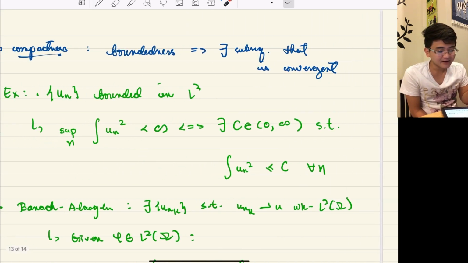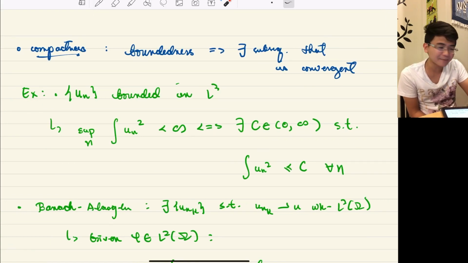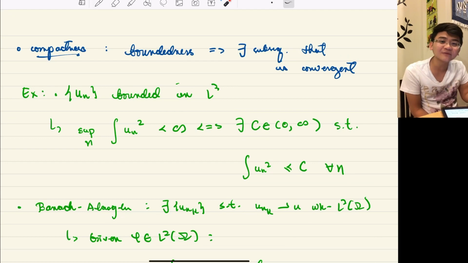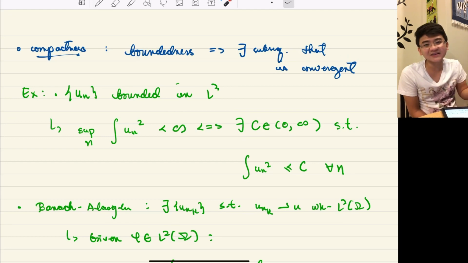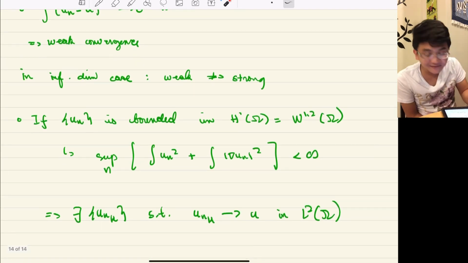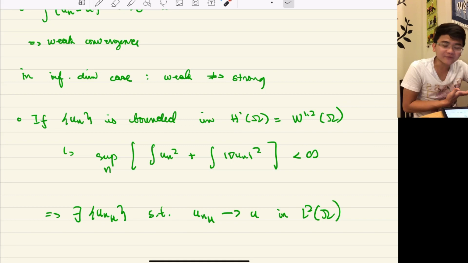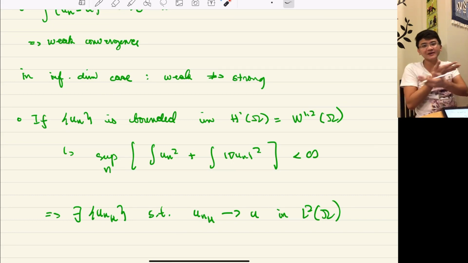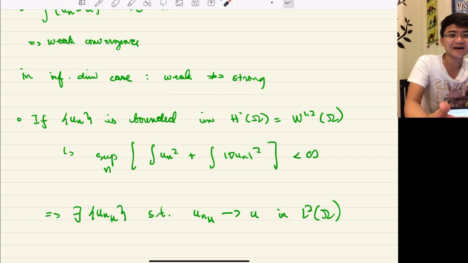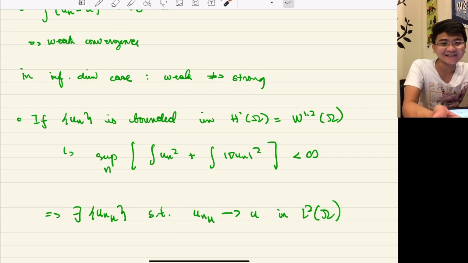Whereas if you only have something bounded in L2, you only have a weakly convergent subsequence in L2. But if you have boundedness in a Sobolev space, you get something more powerful: strong convergence in L2. So it really is a nice place to work.